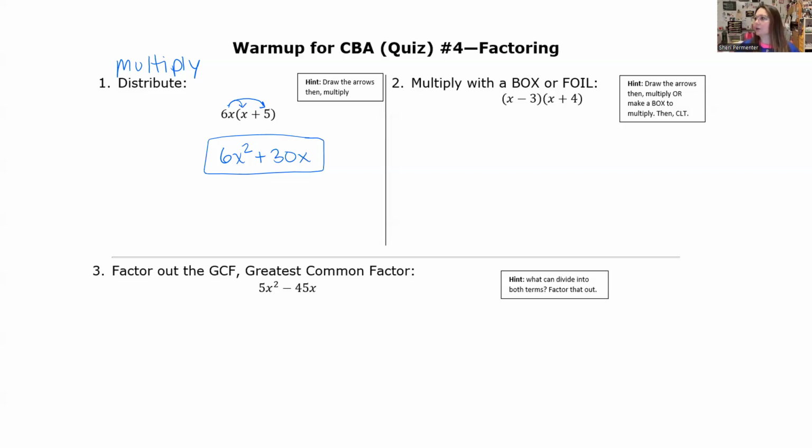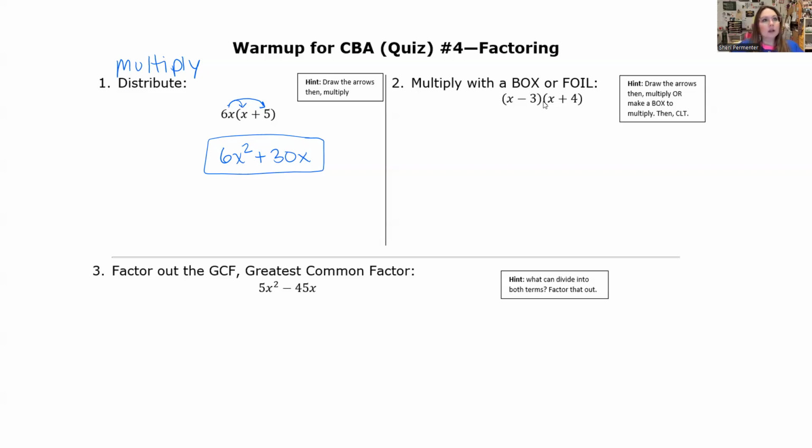Even if you were never taught how to use FOIL, which just stands for first, outer, inner, last, it doesn't really matter which order you go in. You just have to make sure that you hit all of them. So I'm going to show you FOIL because most of you were taught using a box. It just uses less paper, in my opinion. But you can use whatever. You'll get the same answer. So if you don't like my method, you don't have to use it.